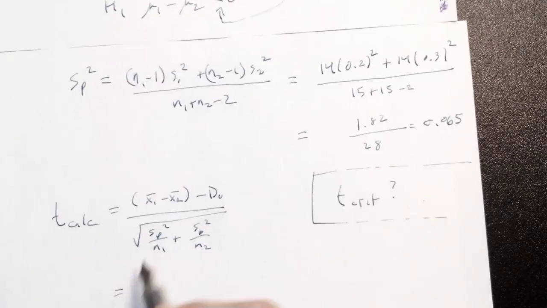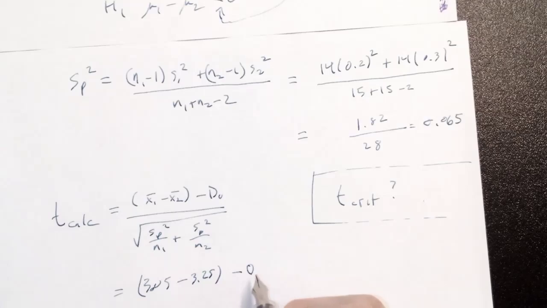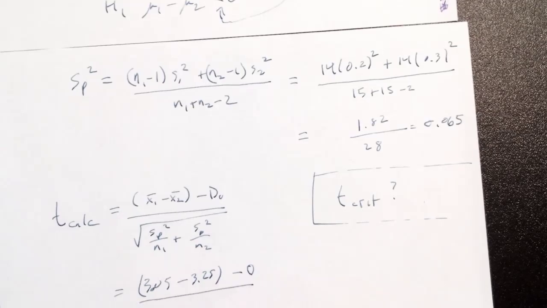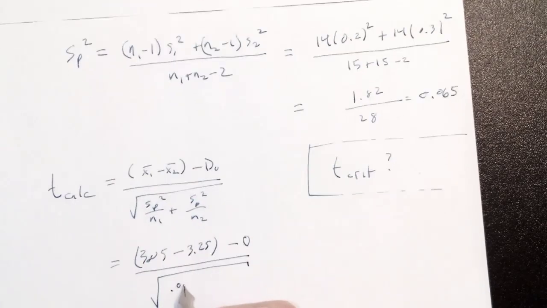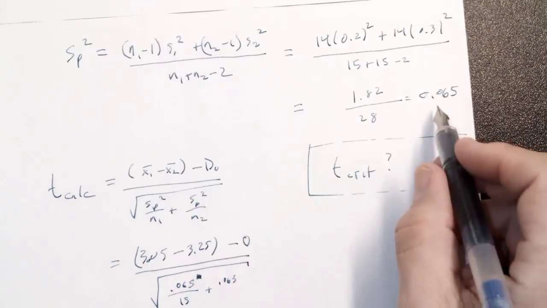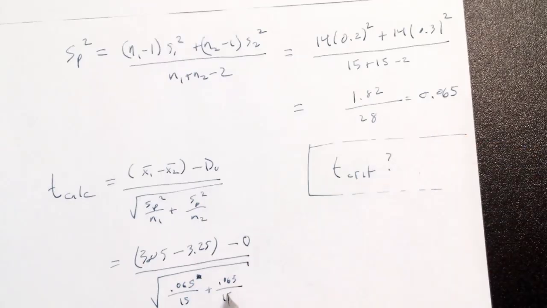So, what was average 1? Average 2 was 3.25, right? And I said, did they go down? I was comparing it to 0. And now, 0.065 over 15 plus 0.065, no, that's not squared, we already squared it, over 15.